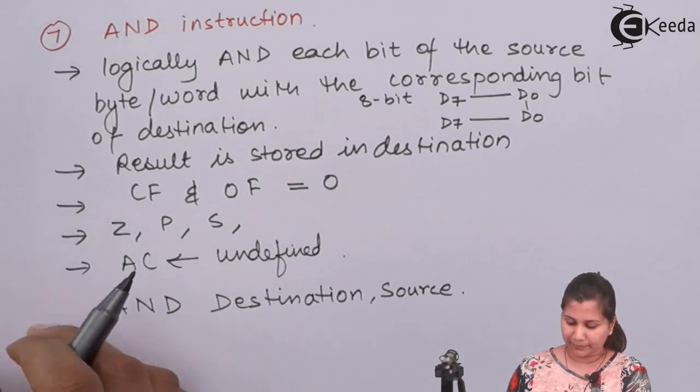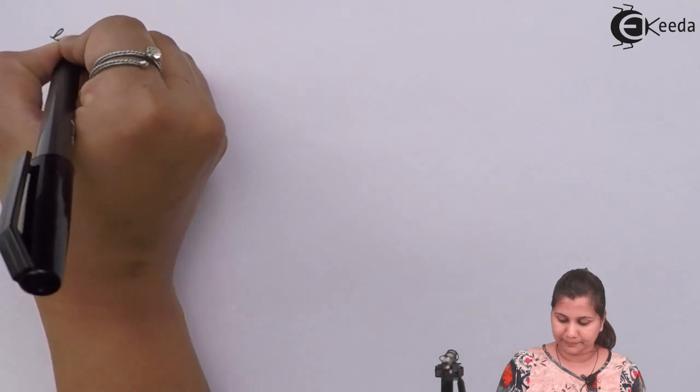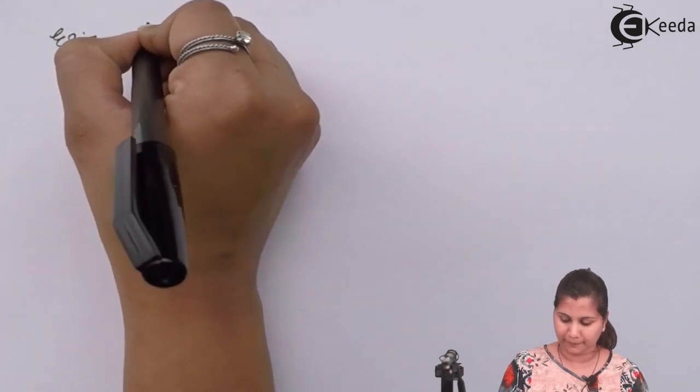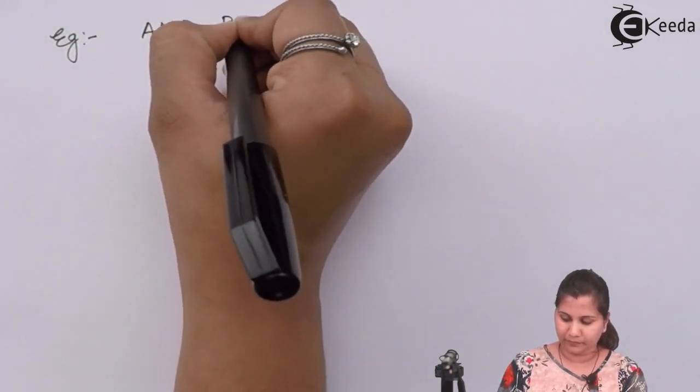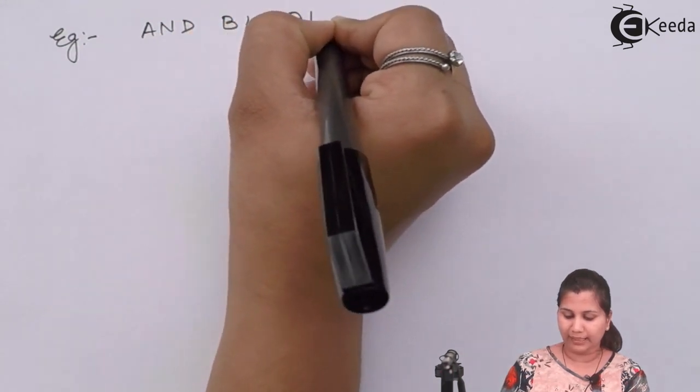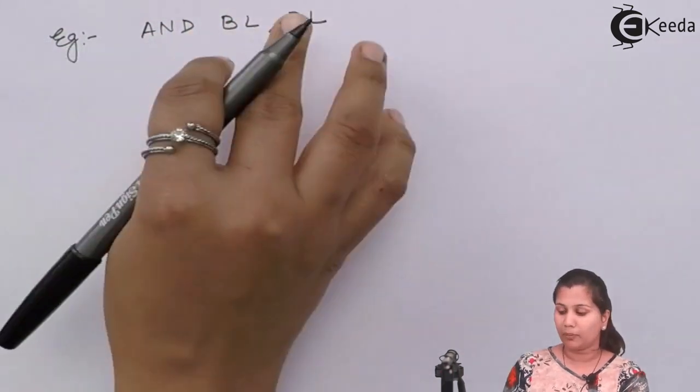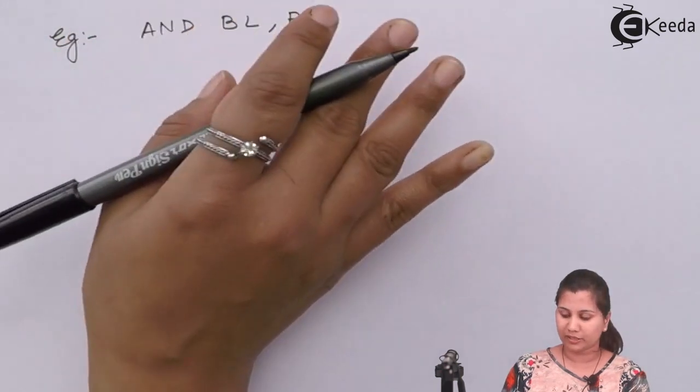Let's take some examples. AND BL and AL registers. Both these registers are 8-bit registers.